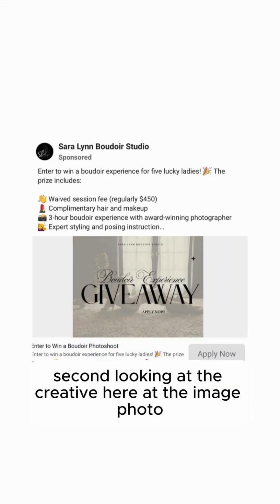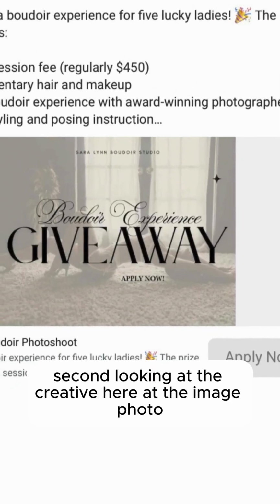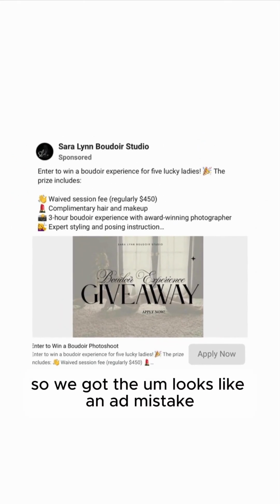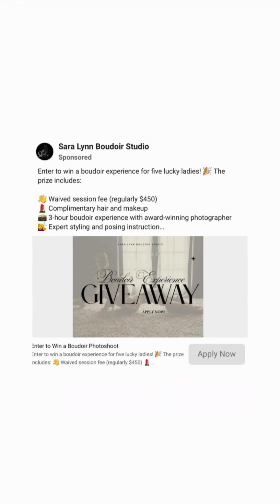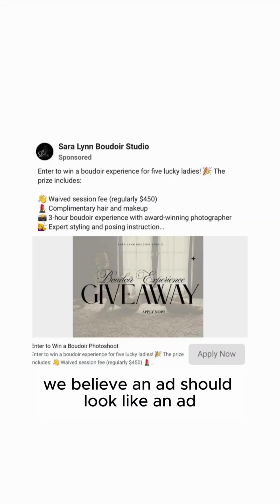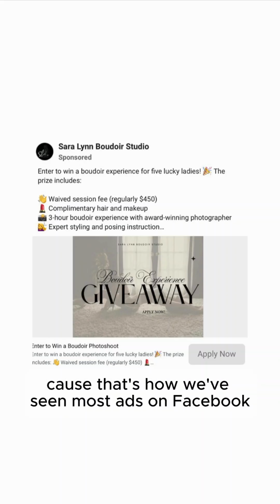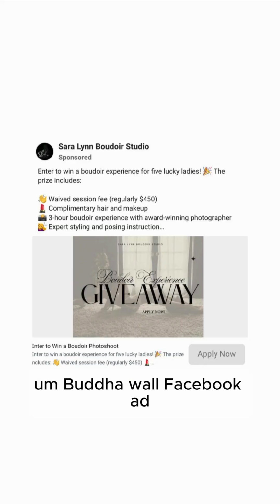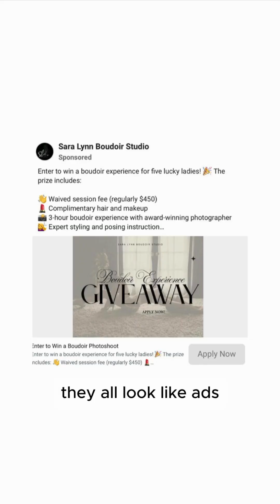All right, second, looking at the creative here, looking at the image, photo. So we got the looks like an ad mistake. So the false belief that caused us to make this mistake is we believe an ad should look like an ad, because that's how we've seen most ads on Facebook and nearly every boudoir Facebook ad. They all look like ads.